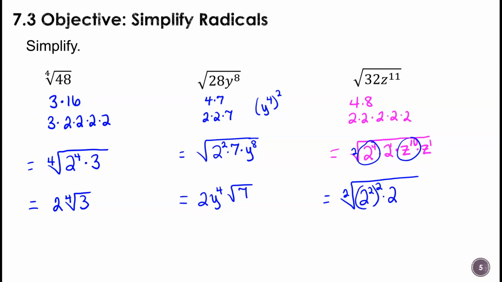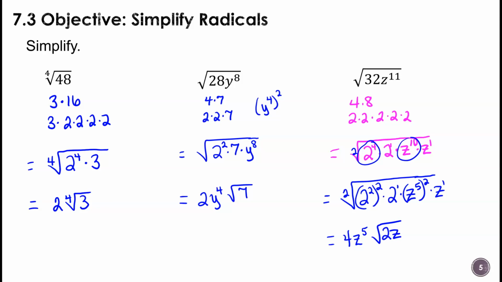And then I still have the 2. And then z to the 5th squared, right? Back to those rules of exponents. And then I have the z to the 1st and the 2 to the 1st. So you can see that my root is 2 squared, which is where I got the 4, and z to the 5th. And then I have to leave the 2z under that radical.